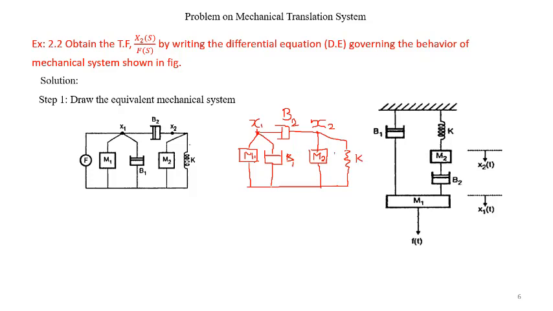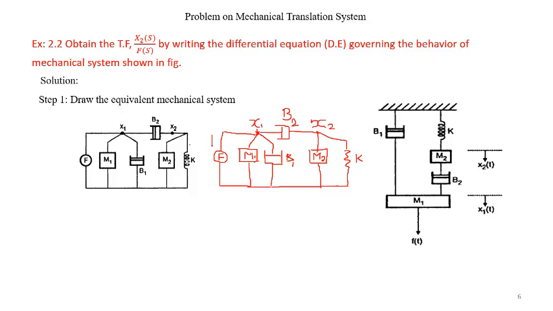This is K. And the input to node x1, that is displacement 1, is the force F. This force goes to node x1 and it is going from the reference.